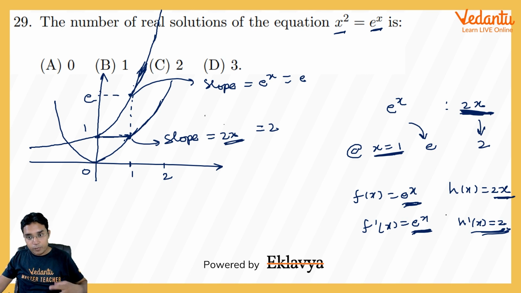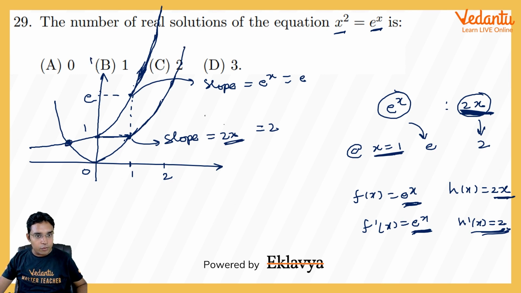So we can expect that e power x will always be bigger than 2 power x, and hence you cannot even increase the slope of this graph x square more than e power x, and this graph becomes out of reach of this x square. So there will be only one solution. So the answer for this question has to be B.